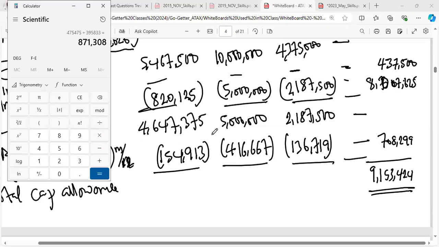This is the tax written down value, 4,647,375. But it's much better to do the cost minus initial allowance.